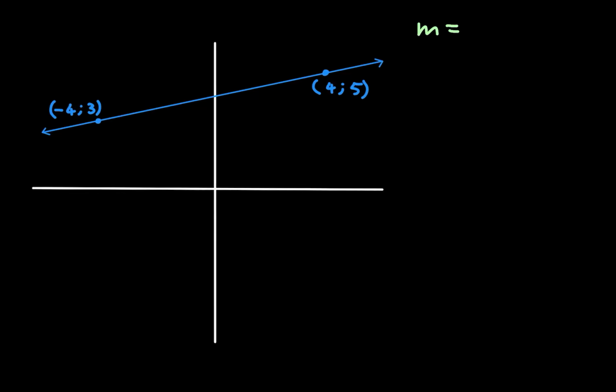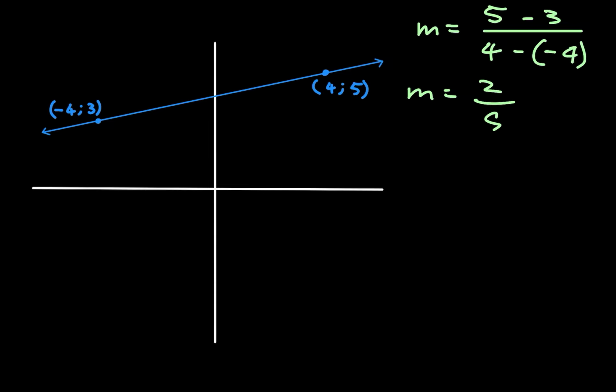So here, our gradient is, we take this y value, 5, minus that y value, minus 3, over the x value that corresponded with the 5, which was 4, and then we take the x value that corresponded with the 3, which was negative 4, so minus negative 4. And this will give us a gradient of 2 over 4 minus minus 4 is 4 plus 4, which is 8, so it gives us a gradient of 1 over 4.